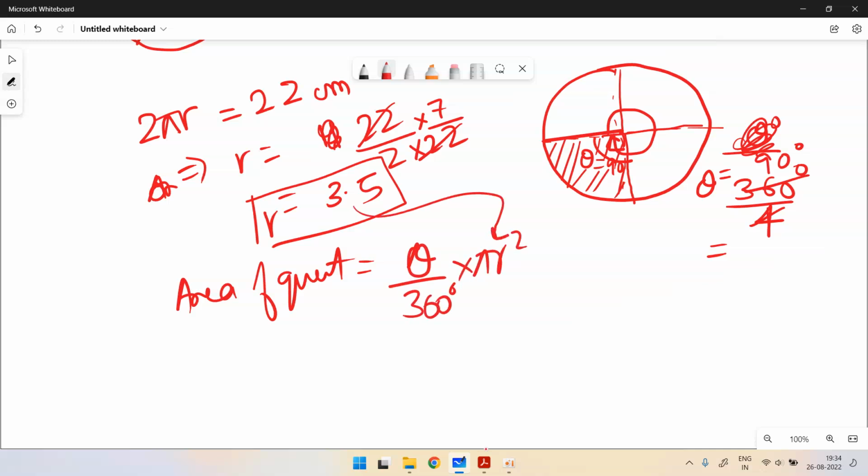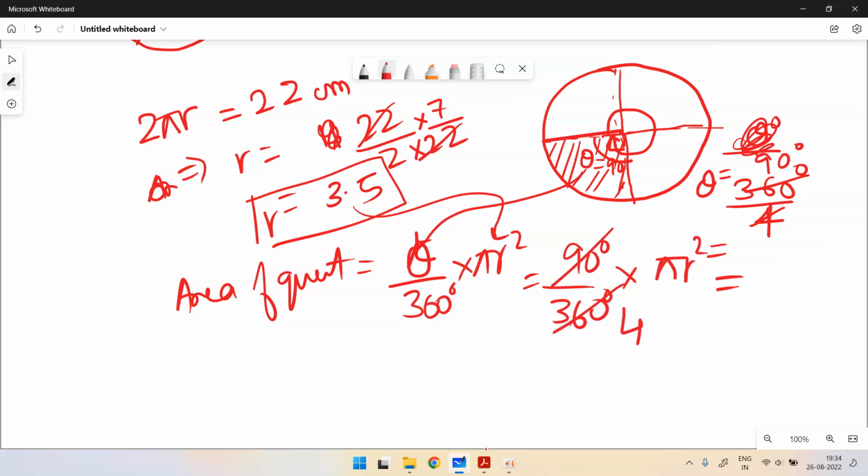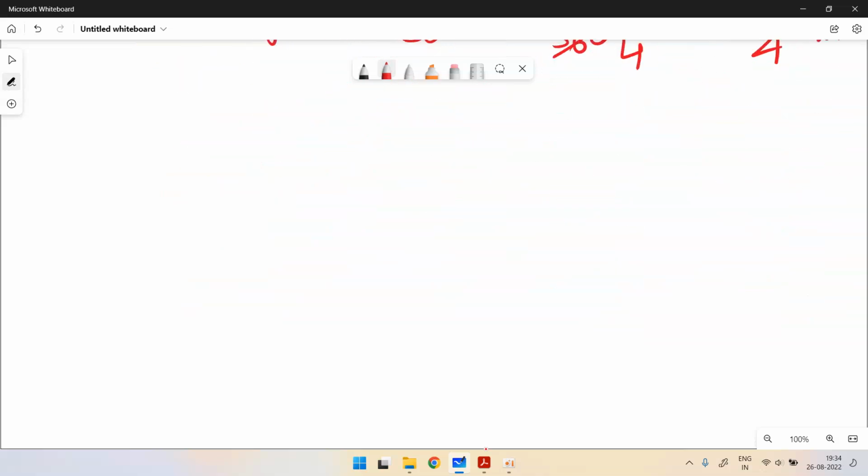Theta is 90 degrees, so 90 degrees by 360 degrees into pi r square is pi r square by 4. Put the value of pi here, since this is in centimeter, this will be in centimeter square. You get the answer.